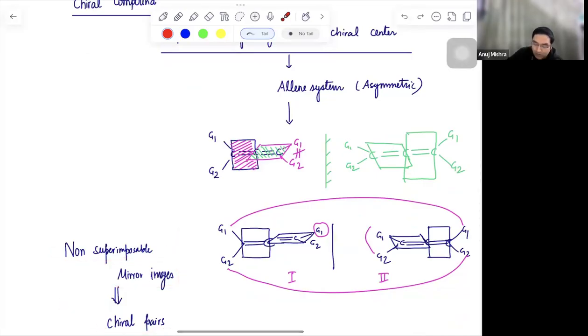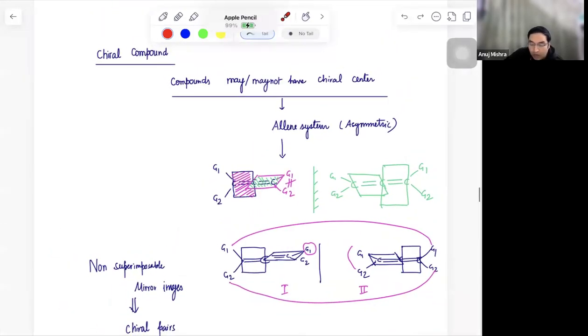So write down this word. Chiral centers are not necessarily required. Compounds may or may not have chiral centers. Like the allene system, asymmetric systems can be there.